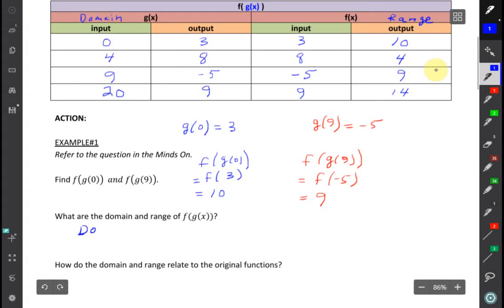The domain is a finite set, so we just have to list the values. The domain is 0, 4, 9, and 20. The range is equal to, looking at the right-hand side, 4, 9, 10, and 14.